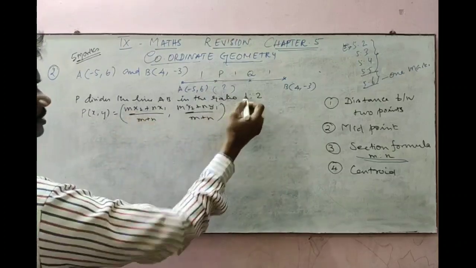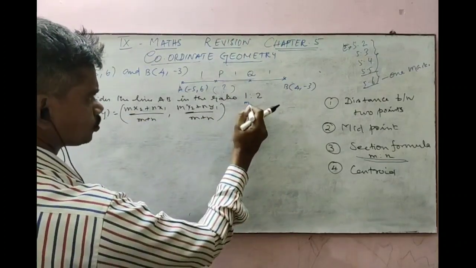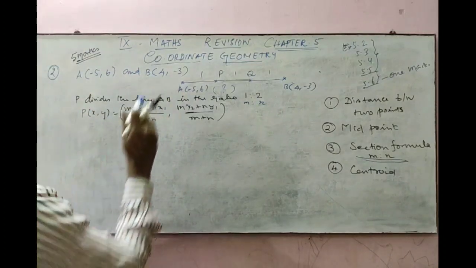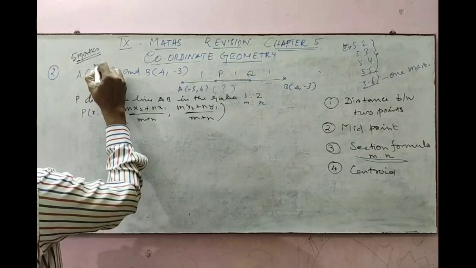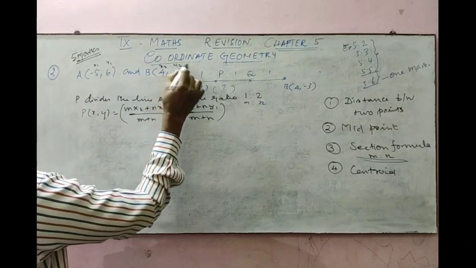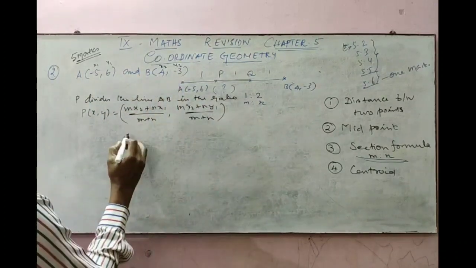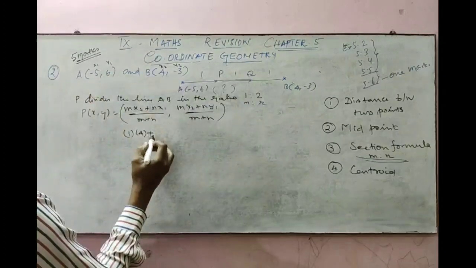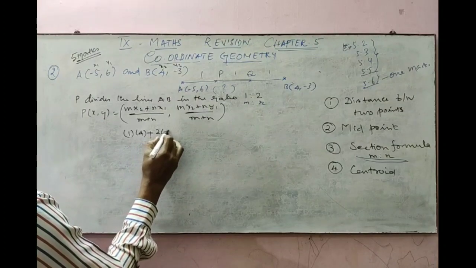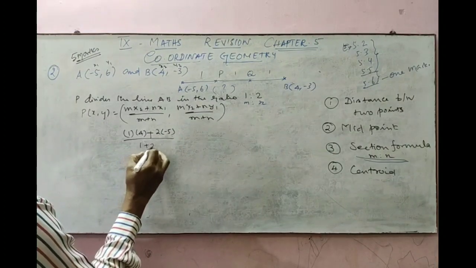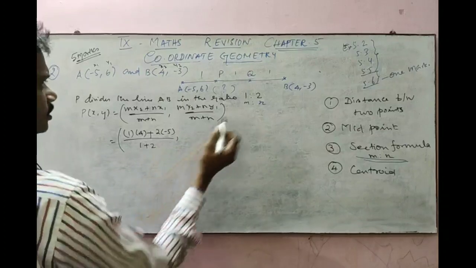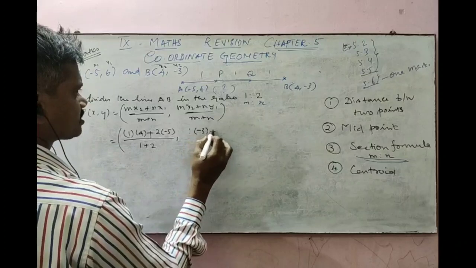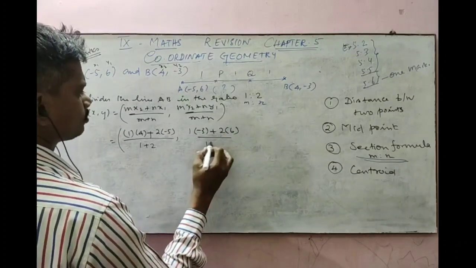Here m is 1 and n is 2. These two are the coordinates x1 y1 and x2 y2. M into x2, that is 1 into 4, plus n, 2 into minus 5, by 1 plus 2, comma, m into y2, 1 into minus 3, plus n, 2 into 6, by 1 plus 2.